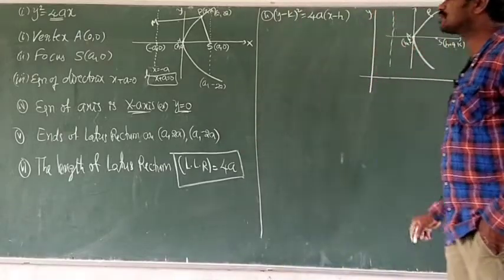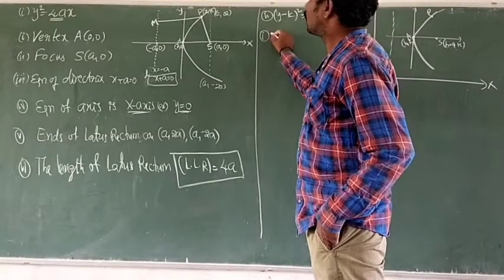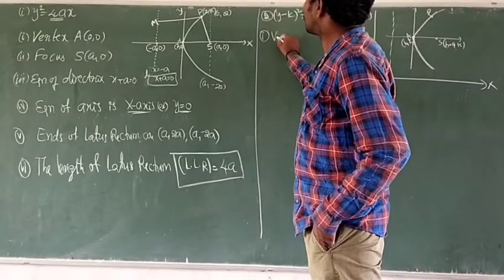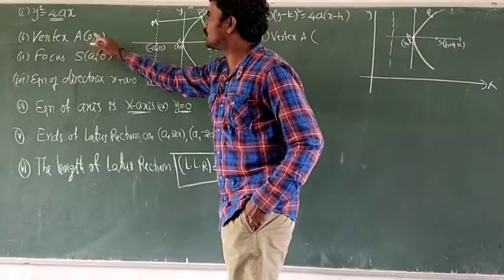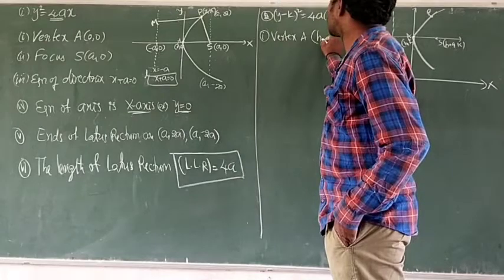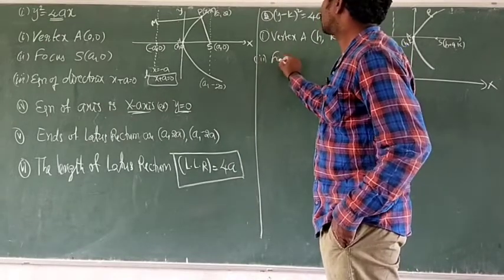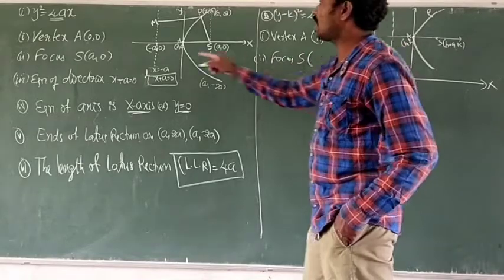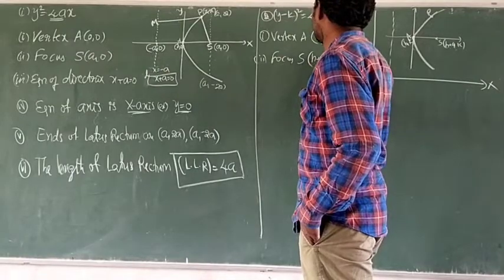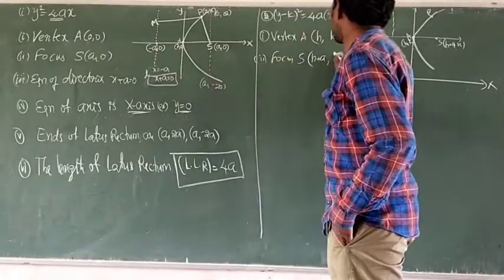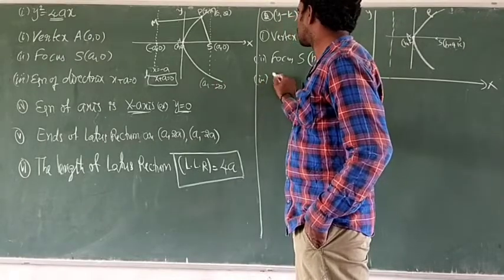First, the vertex: add (h, k) to (0, 0), we get (0 plus h, 0 plus k), that is (h, k). Second point is the focus S: add h, it becomes (h plus a, k plus 0), that is (h plus a, k).